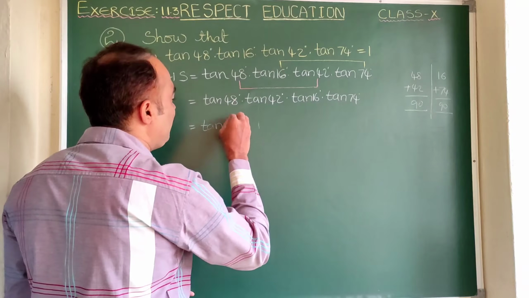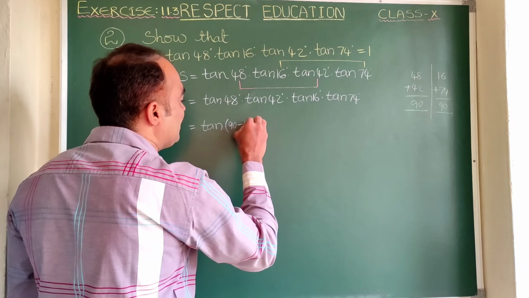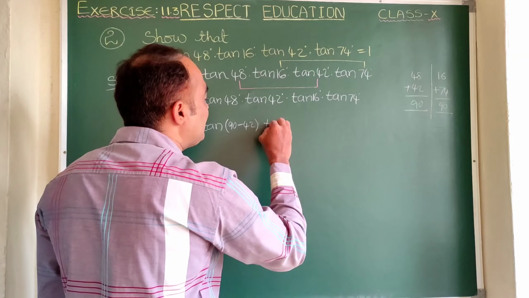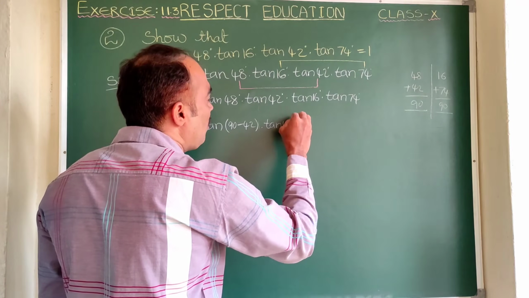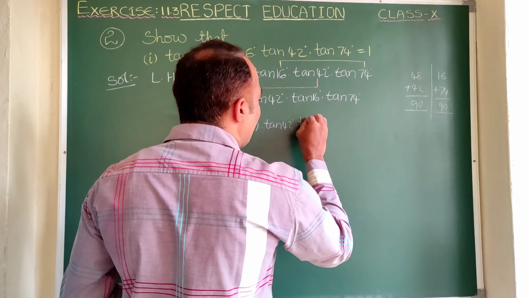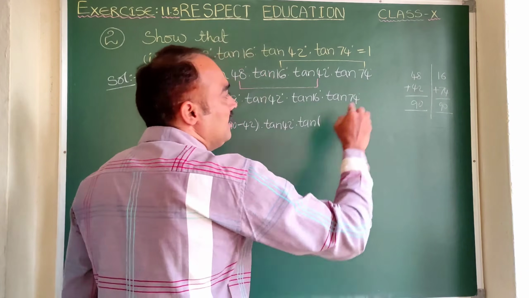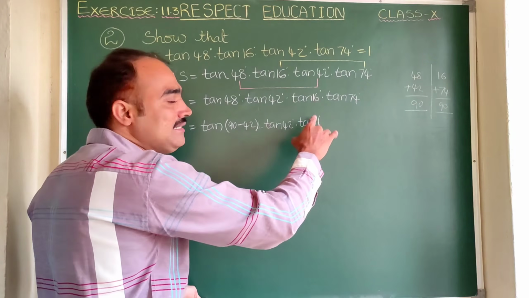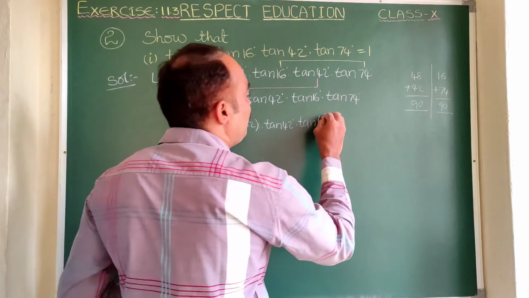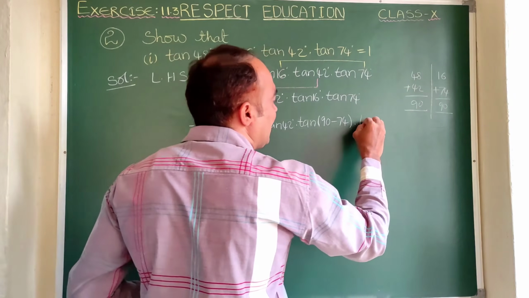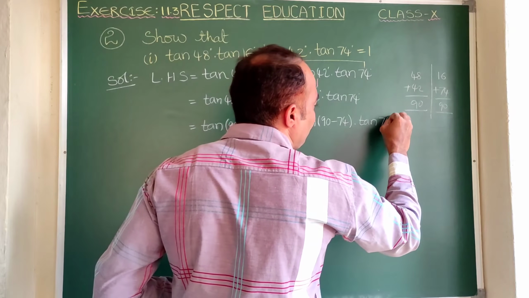So let us write 48 as 90 degrees minus 42 degrees, and let us write tan 42 degrees as it is. Same way here, 16 plus 74 is 90, then 16 can be written as 90 minus 74 degrees, into tan 74 as it is.